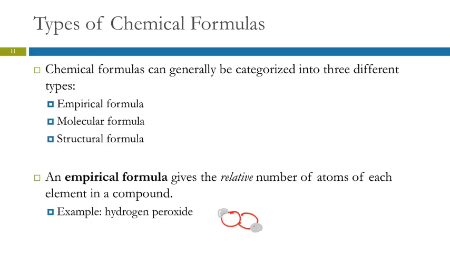An empirical formula gives us a relative number, the lowest ratio. There are actually 2 oxygens and 2 hydrogens, but that's not the lowest ratio. The lowest ratio would be 1 to 1, so 1 hydrogen to 1 oxygen. That's the empirical formula. It's like a reduced fraction, the lowest ratio.